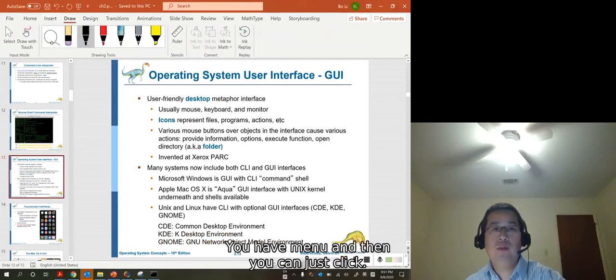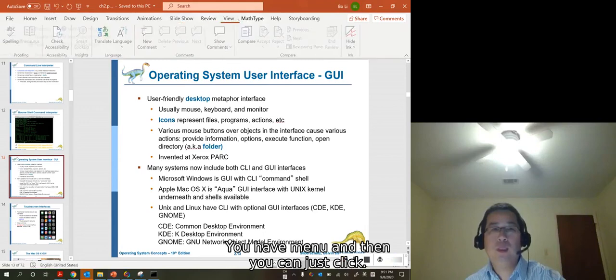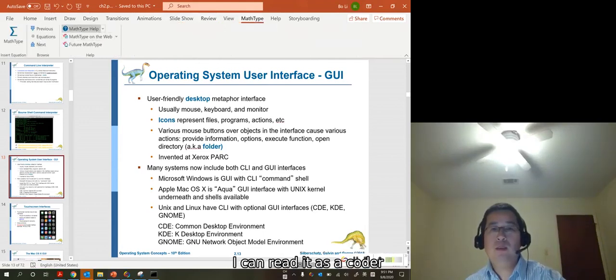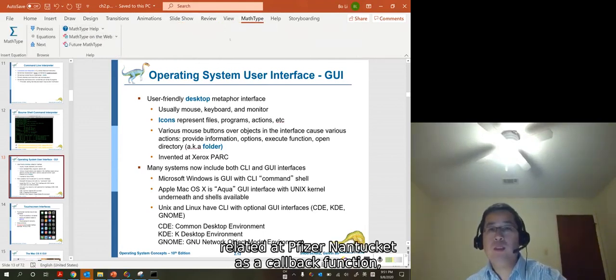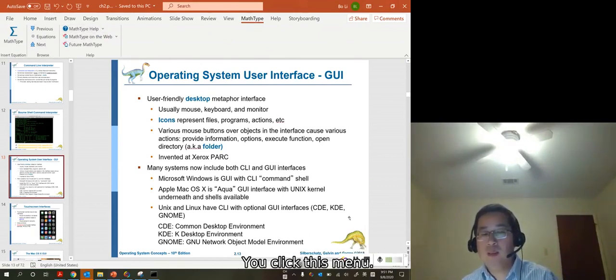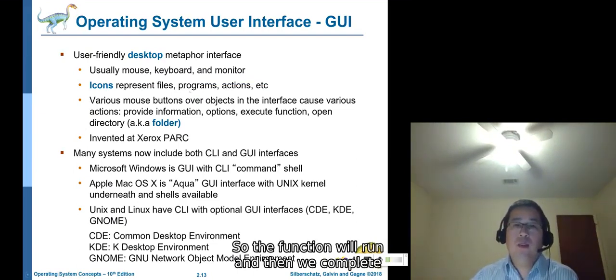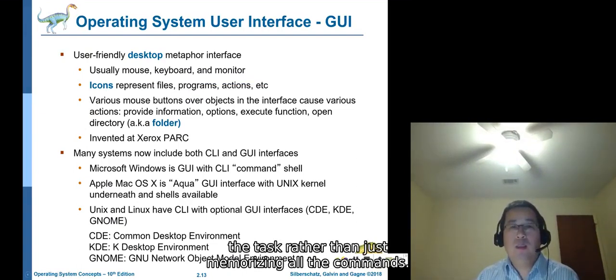You have a menu, and then you can just click the icons, which calls the related functionality. That's the callback function which makes it work, right? So that means you click this menu, this icon, it will call the function. So the function will run and then complete the task, rather than just memorizing all the commands.